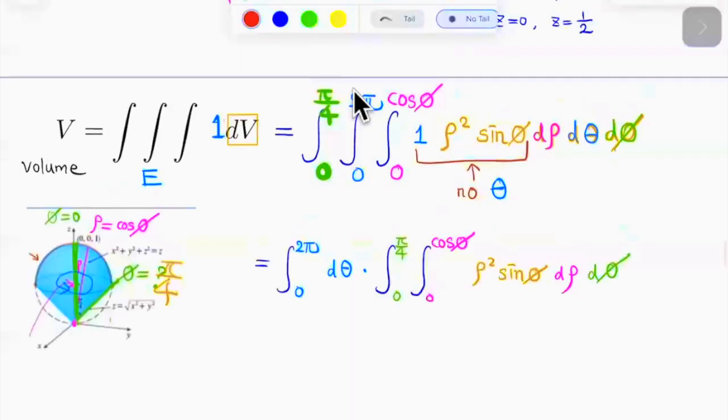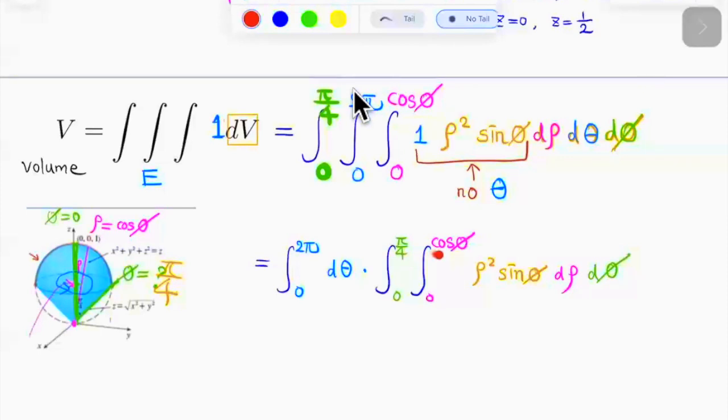Another way to evaluate this triple integral: notice that the function that we integrate contains no theta, it's independent of theta, and theta goes from a constant to a constant. So we can break this triple integral as the product of this integral with respect to theta times this double integral, first with respect to rho and then with respect to phi.